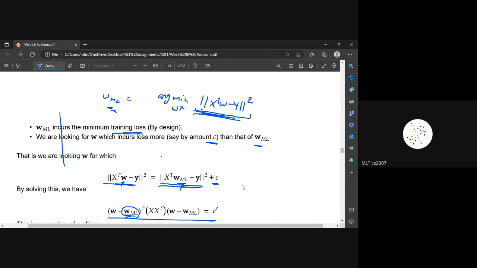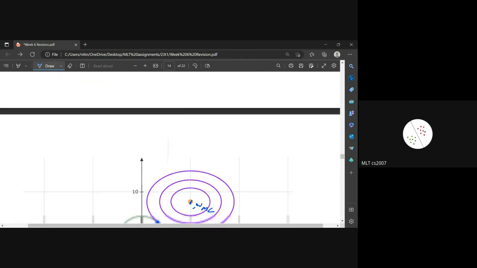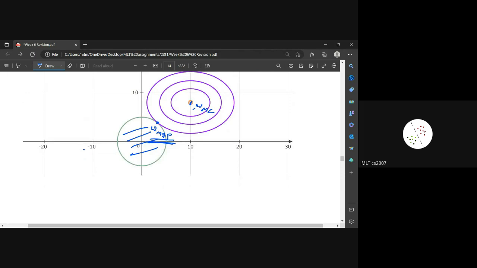So let's assume that the loss for the W we are looking for is more by some amount C. And we solve this equation, and we get this particular equation, and this is an ellipse in two-dimensional space if you take W as a two-dimensional vector. So that's how we get the position of WMAP. It's going to be on the circumference of this set.